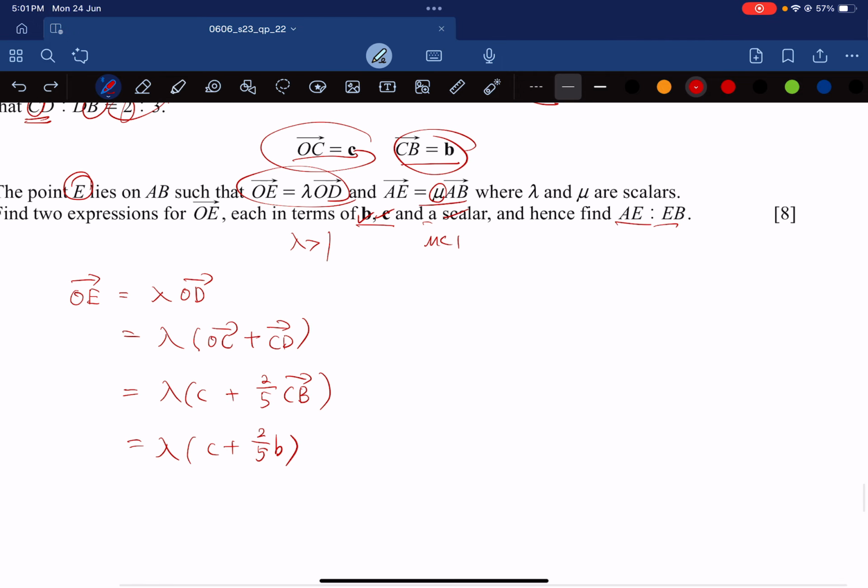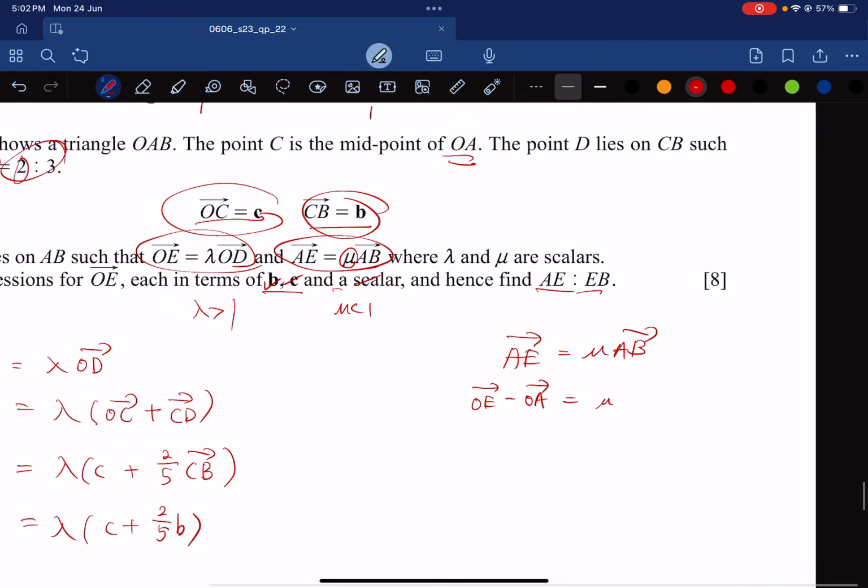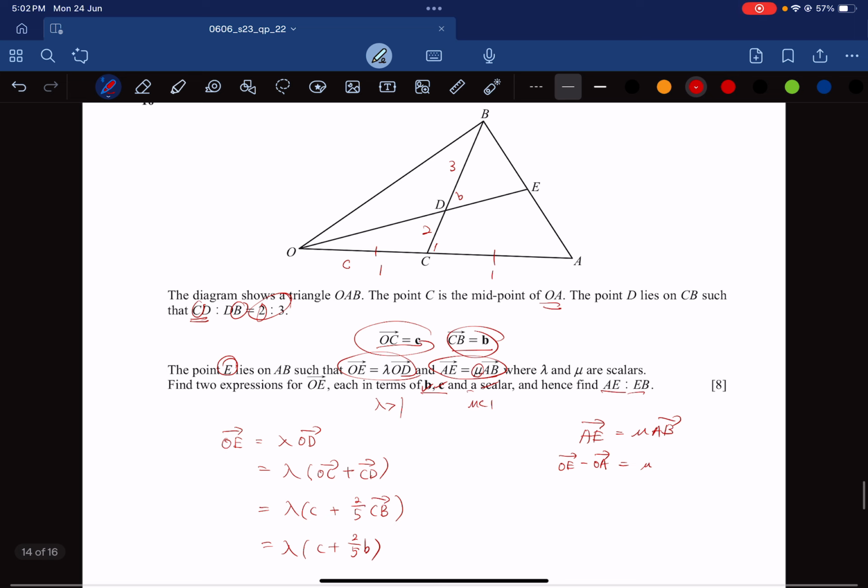Then the second expression from here, AE equals mu AB. They asked us for OE, but here we don't have OE, we have AE instead. So we can try to separate out the OE. Any vector is the position vector of the ending point E minus the position vector of the starting point A. AB is A to B, which is AC plus CB.